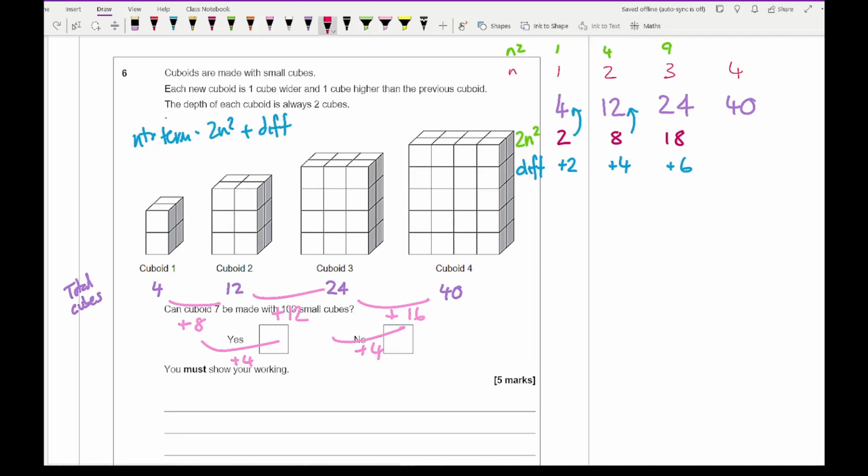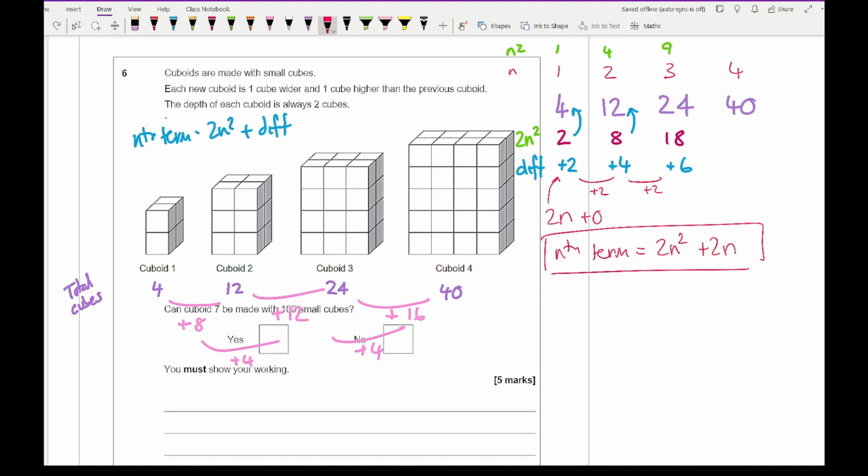So from this I can work out the nth term, so that's going to be plus 2. So then we've got 2n, and then what do I need to go from 2 to 2? Nothing, so it's just going to be 2n plus 0. So the nth term is going to be 2n squared plus 2n.